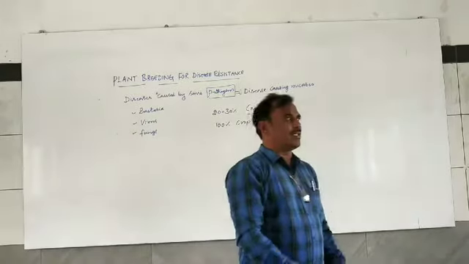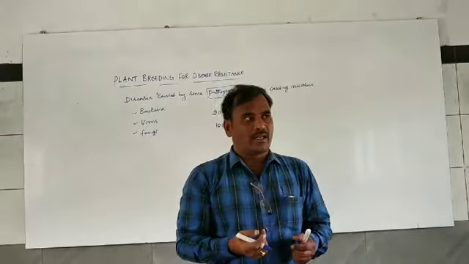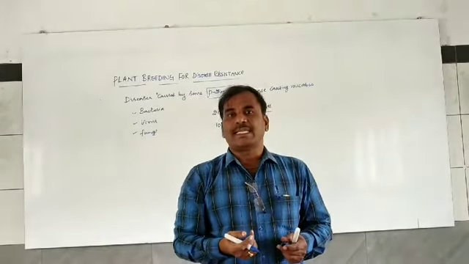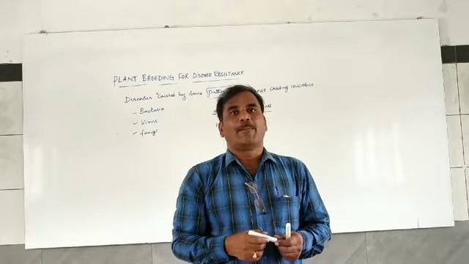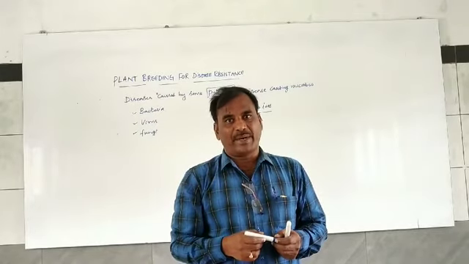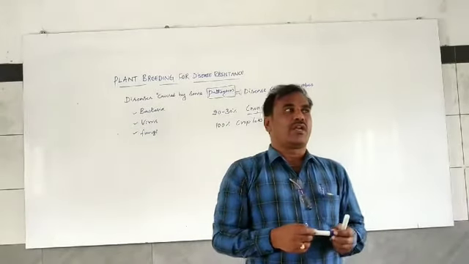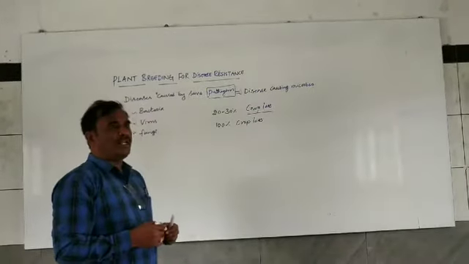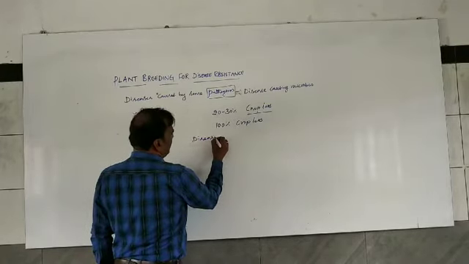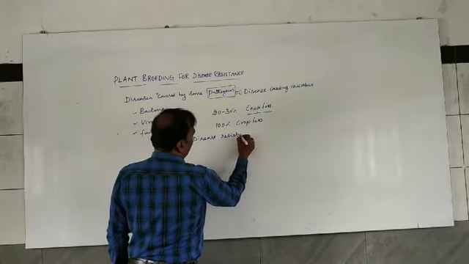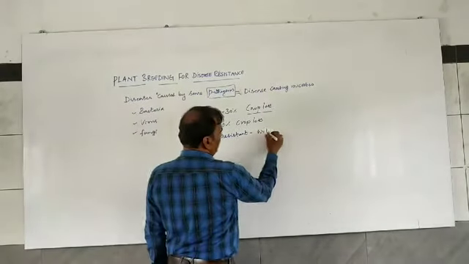To avoid this crop loss in the field, we need to develop disease-resistant varieties by the plant breeding technique. In this technique, we need to select the disease-resistant character in the wild plants.